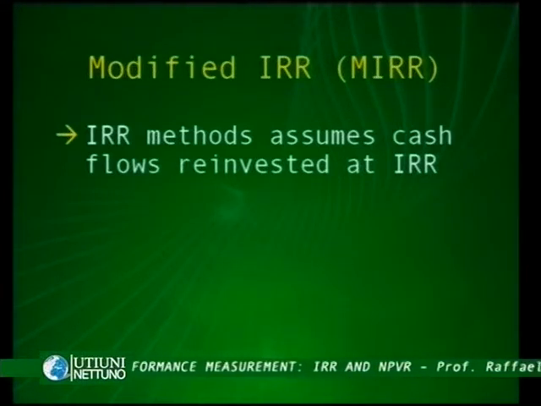So the project is generating cash flows at different moments in time, as we know at this point. And when we calculate the IRR, we are implicitly assuming that these cash flows that are generated before the end of the life of the project are reinvested until the end of the life of the project at the IRR.